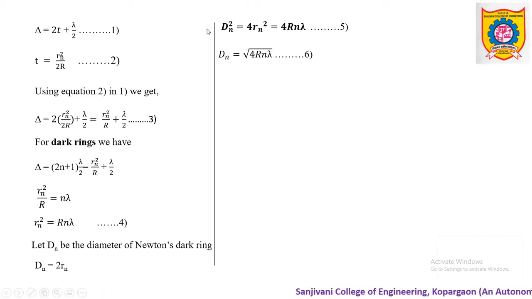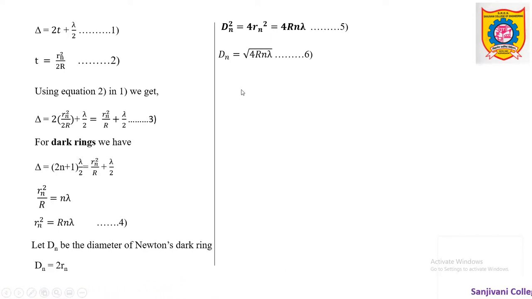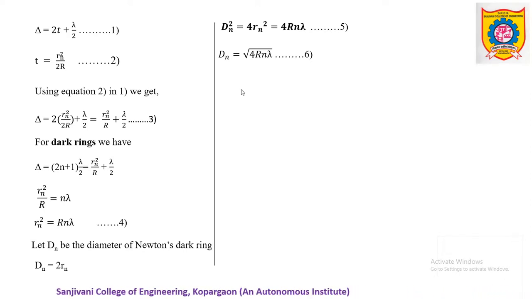Now from this equation we get Dn is equal to square root of 4nR lambda. Now this equation 6 is going to lead to one very important conclusion. Suppose we are performing the experiment with a certain given setup, meaning we have one plano-convex lens having a certain radius of curvature, and one monochromatic source having a certain fixed wavelength.